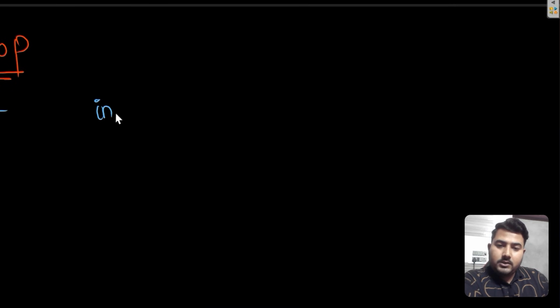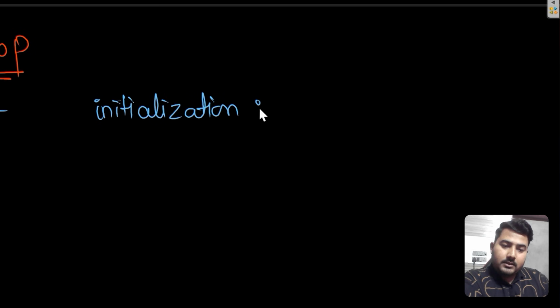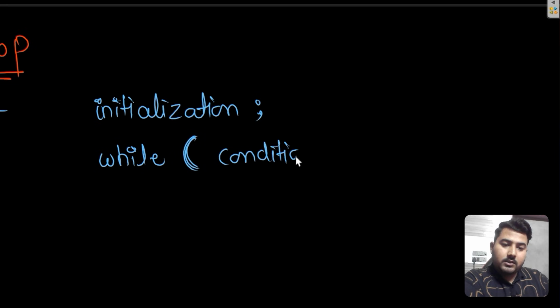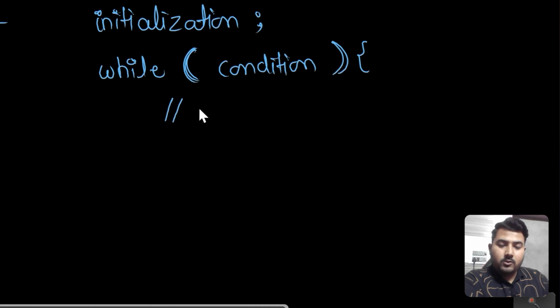Syntax would be initialization, as I said, the same exact things will be used in here as well. We are simply going to initialize at the very beginning, then afterward we are going to use the while keyword, then inside the parentheses we are going to put down the stopping condition, then inside the loop we are going to place our statement, whichever we want to print, no matter what it is.